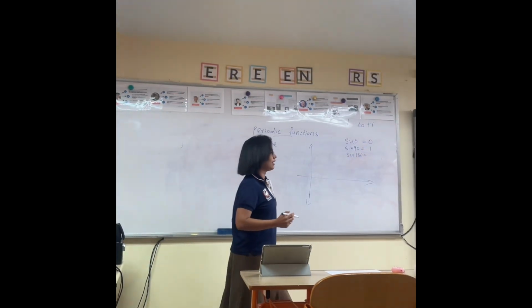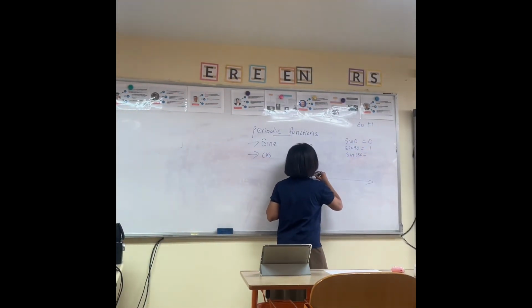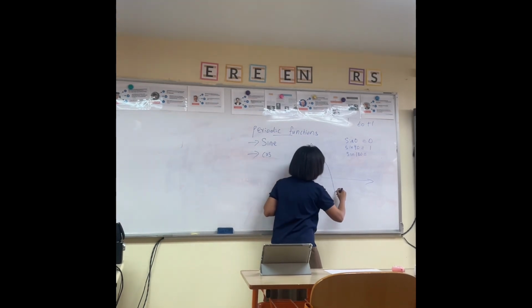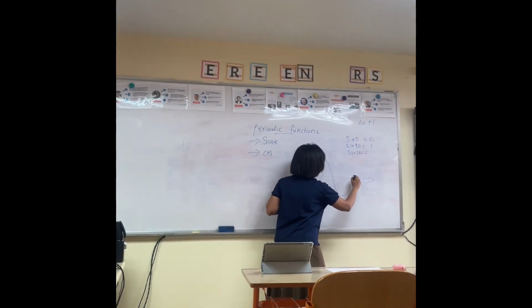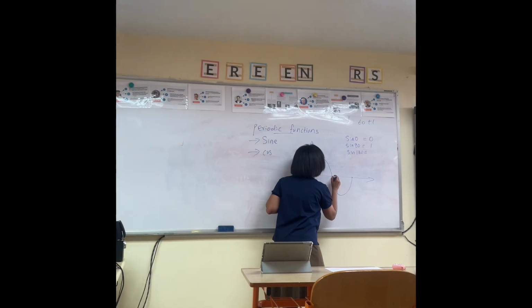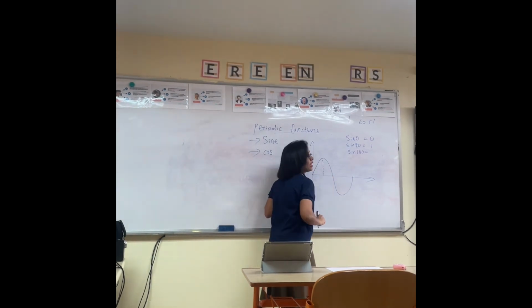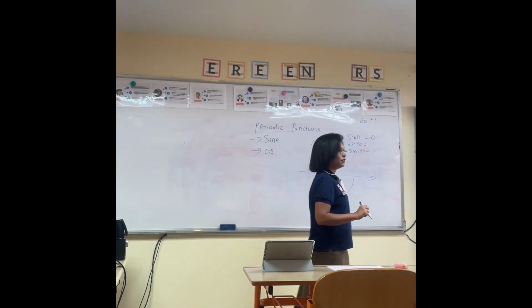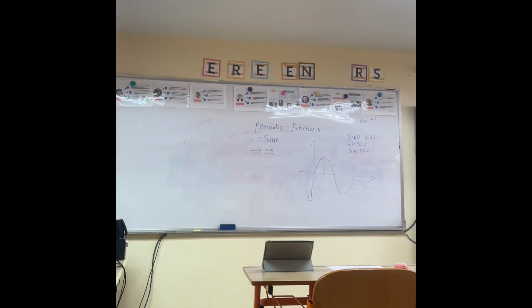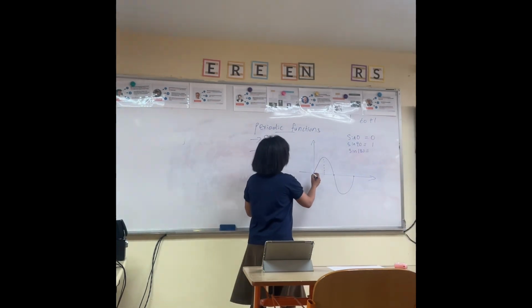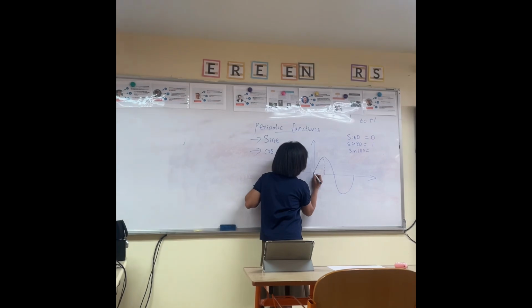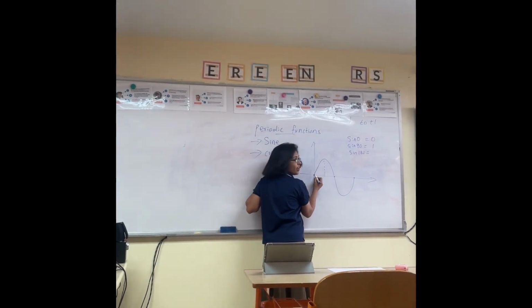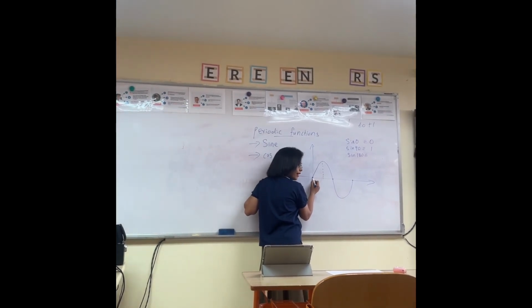Sine 180, what is the value? Is it 0? It is 0. Do you have your calculator? So at sine 0, the value of the sine, the graph, where is the minimum value? 0, right?